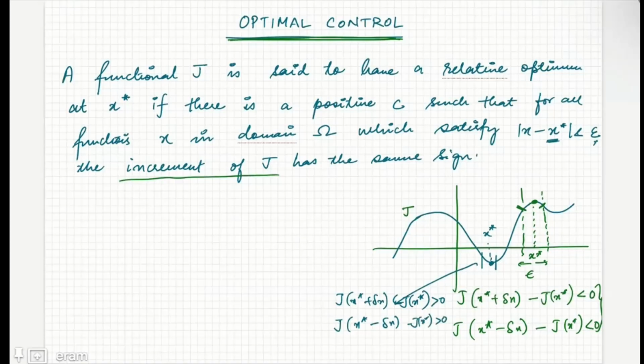So it is greater than 0, so means the increment has the same sign. So if that is the case, then we have relative optimum at x star, and that we have analyzed by checking the sign of the increment of j.